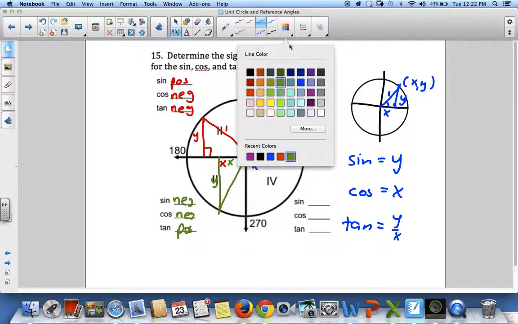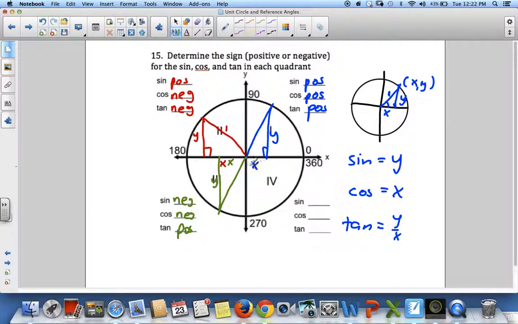And the last one, we're going to draw another one over here like this. This is the x and this is the y. The sine is the y value, that's negative. Cosine is the x value, that's positive. And the tangent is negative divided by positive, which is negative.